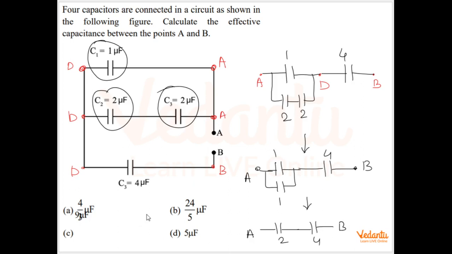So the equivalent capacitance, my dear bachalog, will just be 4 by 3. I will write 1 by C equivalent as 1 by 2 plus 1 by 4. That will be 3 by 4, which gives me C equivalent as 4 by 3, which is option, I think option A, I'm not sure. There is a little bit of intersection between the options there, but it feels like option A.